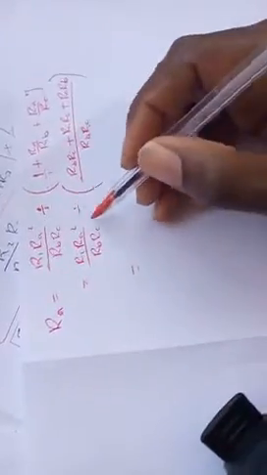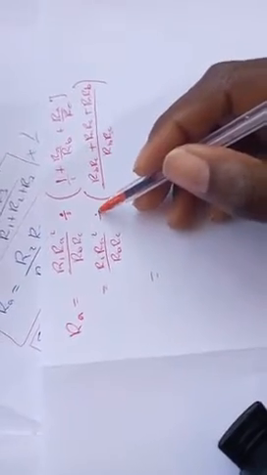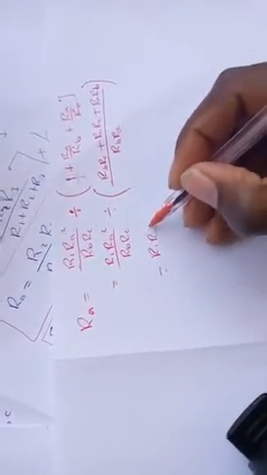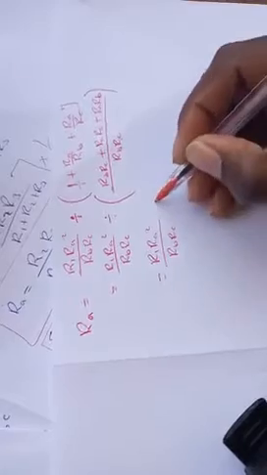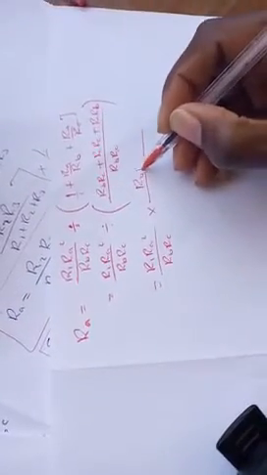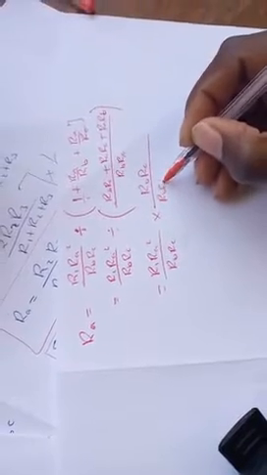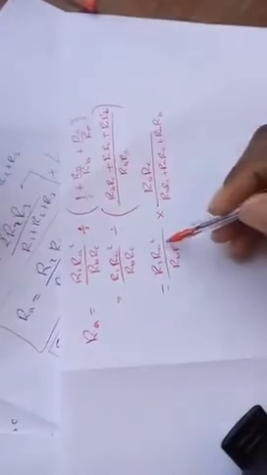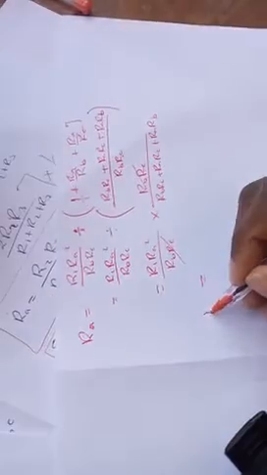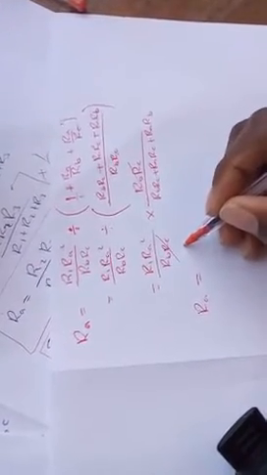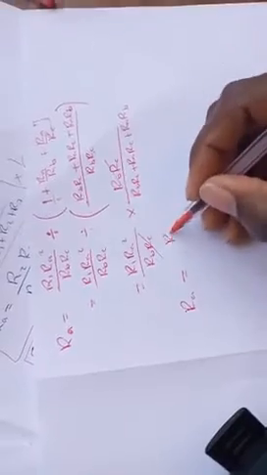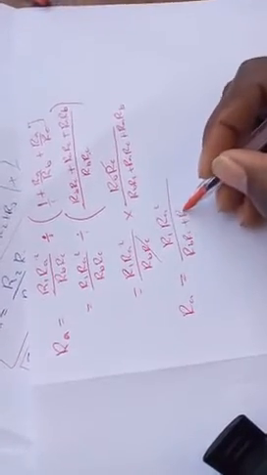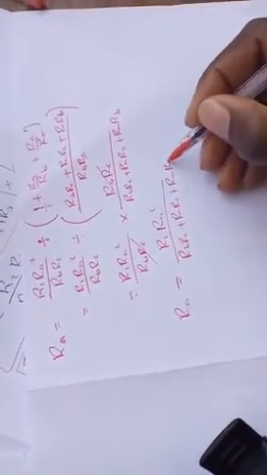So if we were to swap to change the sign, it's supposed to swap this side to be like this, R1 RA squared over RB RC multiplied by RB RC plus RA RC plus RA RB. This will go. So it will be R1 RA squared over RB RC plus RA RC plus RA RB.